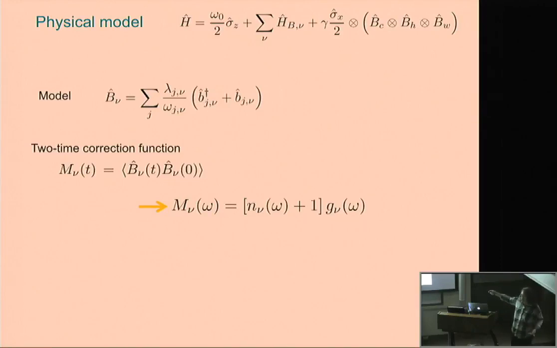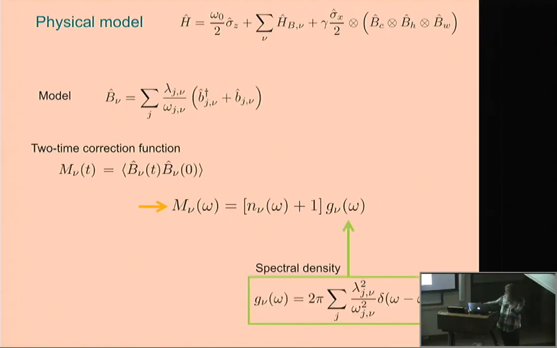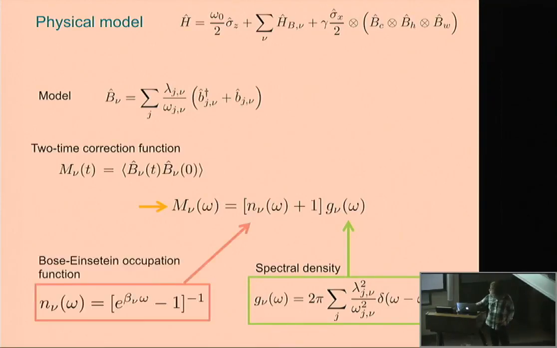If B is just a regular operator, something coming from, let's say, a Caldeira-Leggett model, the displacements of oscillators in the bath, then the two-time correlation function we can calculate, and the Fourier transform is of course proportional to the spectral density function of the bath. So if you can shape the spectral density function of your bath, hopefully you can realize this function.